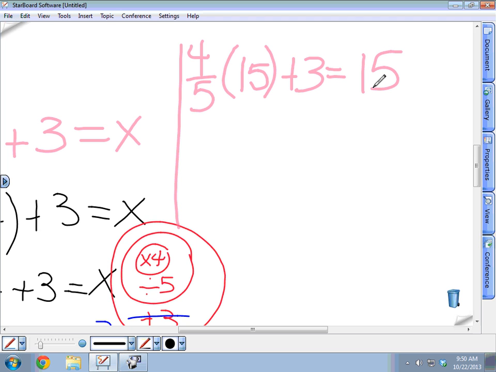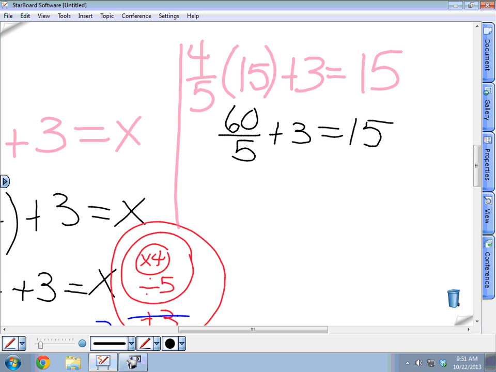Okay. Alex, what is 4/5 of 15? What am I going to do with that? What does that mean? Multiply 15 by 4, right? And then divide by 5? What is 15 times 4? 60. 60 divided by 5 plus 3 equals 15.